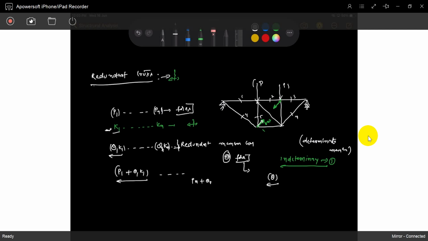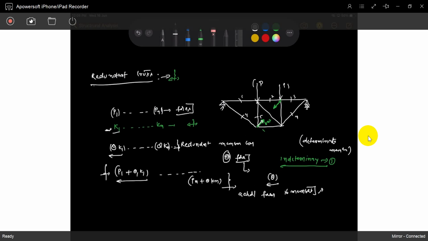Not Q1, it's just Q, no need of Q1 here. So P plus Q K. These are the real forces, the actual forces in the members. Understood? That's it.